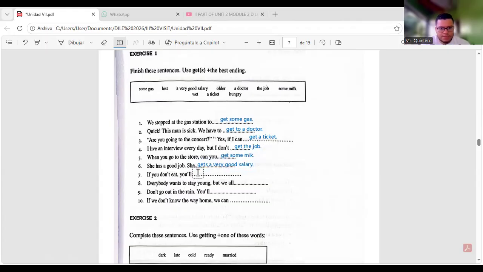If you don't eat, si usted no come, you'll get hungry. Usted estará con hambre. Everybody wants to stay young, todos quieren mantenerse jóvenes, but we all get older. Pero todos vamos a envejecer.